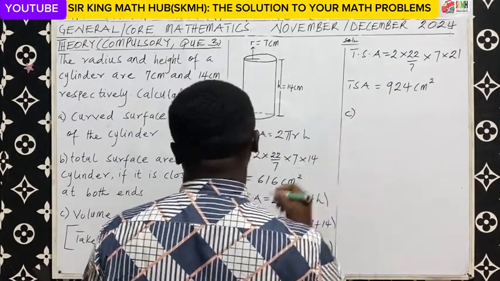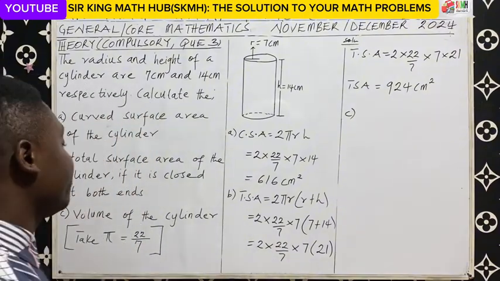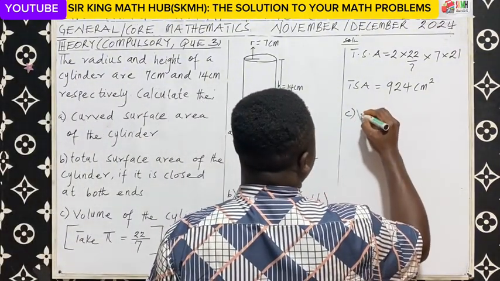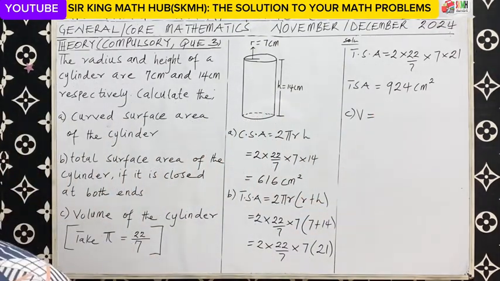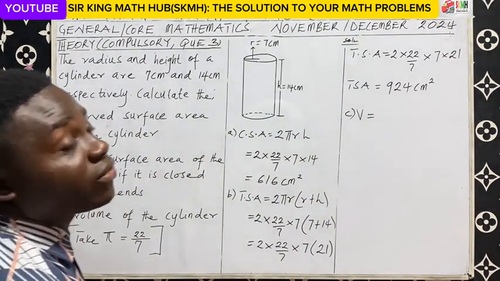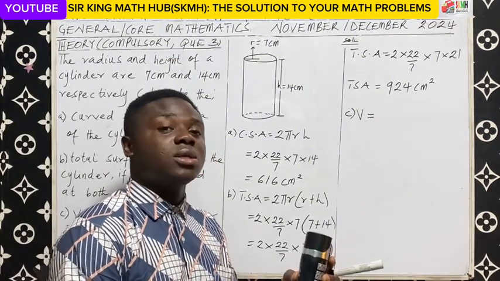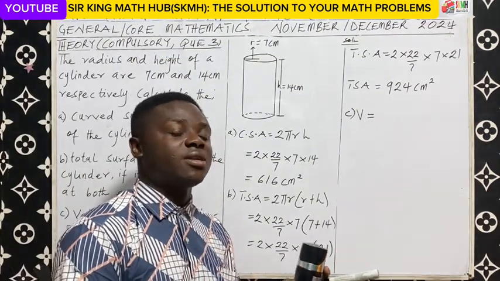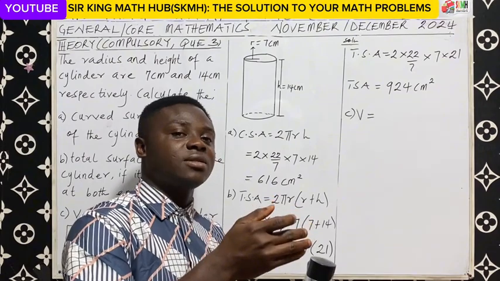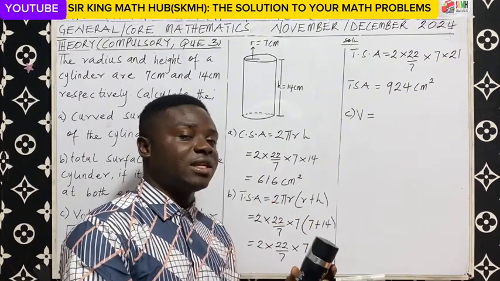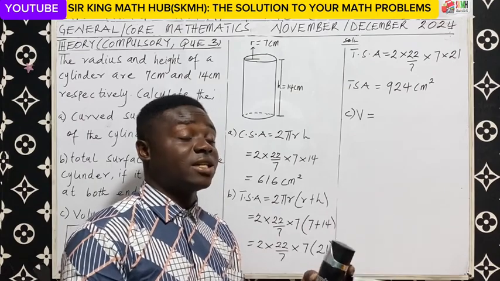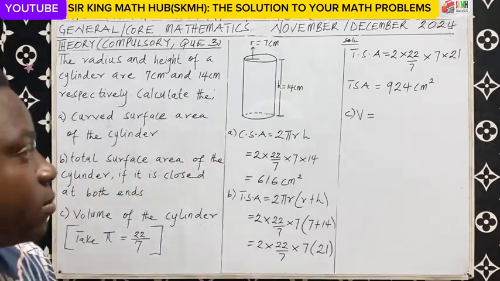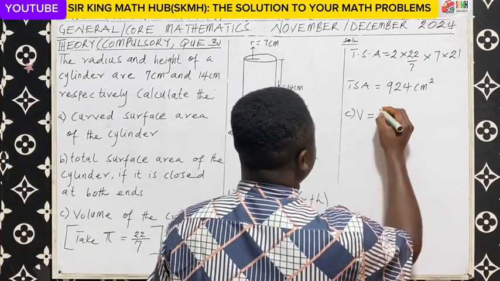Then lastly for C, the volume of the cylinder. To calculate the volume of a cylinder, there is a formula we use: the base area multiplied by the height. So what is the base area of a cylinder?